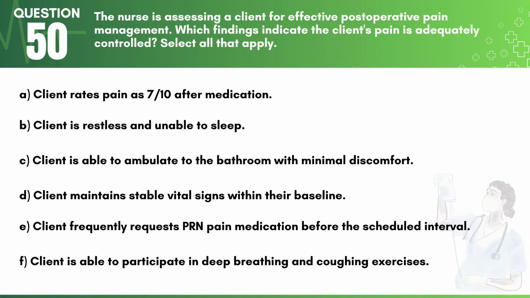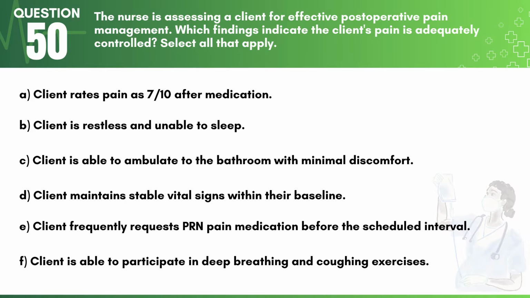Question 50. The nurse is assessing a client for effective postoperative pain management. Which findings indicate the client's pain is adequately controlled? Select all that apply. A. Client rates pain as 7/10 after medication. B. Client is restless and unable to sleep.